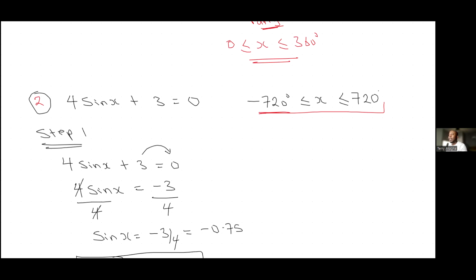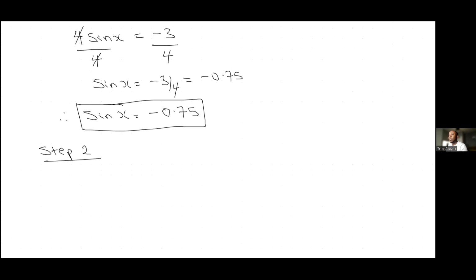So you can see that the range that was given was in degrees. Are you seeing it? So that means if the range is in degrees, they're expecting us to work in degrees. So the range that was given was in what? Degrees. So because it's in degrees, we have to work in degrees. So you go to your calculator and you set your calculator back to degrees, okay?